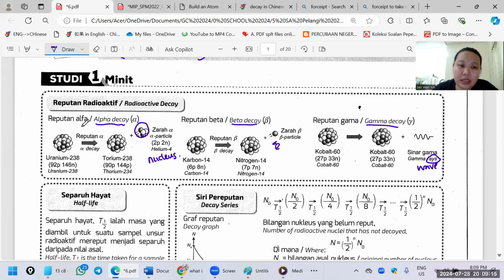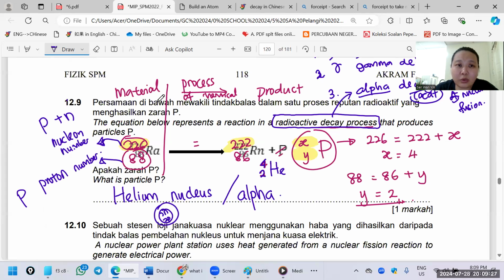Then how do we know it's decaying? Actually, you can see from the equations.